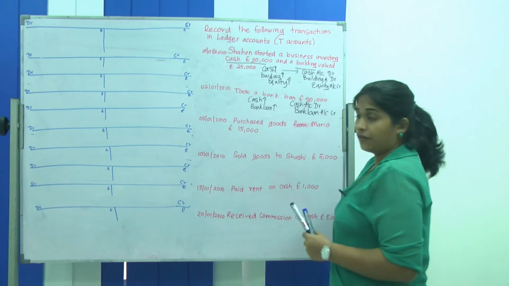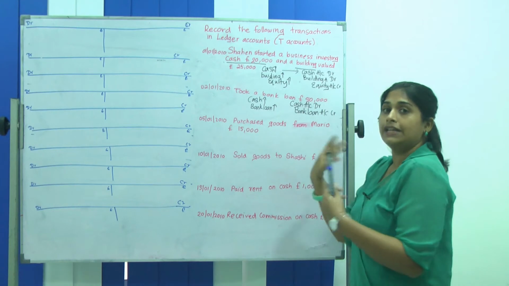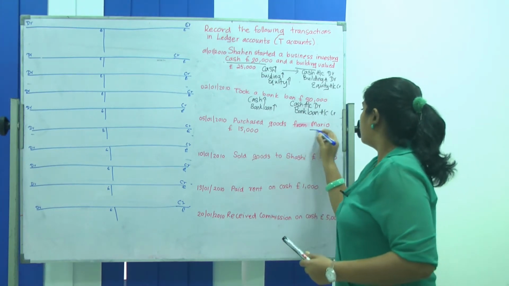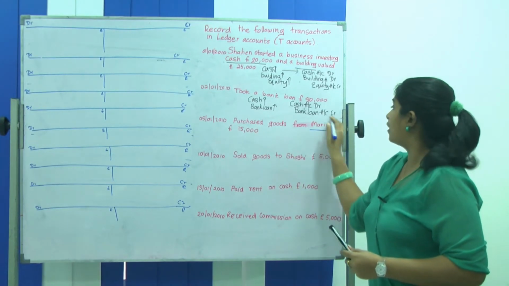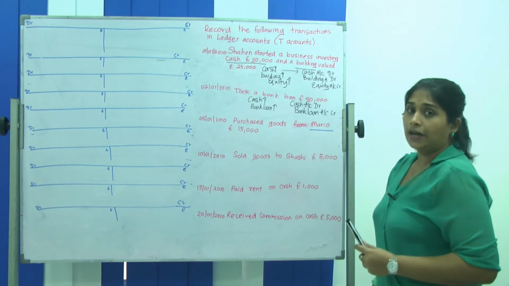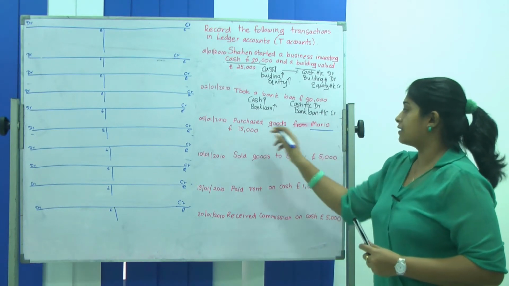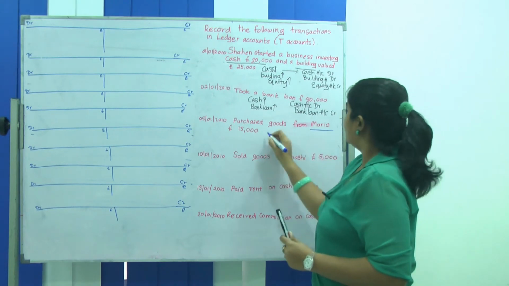On 5th of January, Shaheen is purchasing goods for resale, that means to sell again. So from Mario, okay. So not on cash, he's purchasing goods from Mario. Mario, I have told you, if a person's name is there, that person becomes a trade payable. That means you have to assume that he has purchased the goods for resale on credit. So what happens?